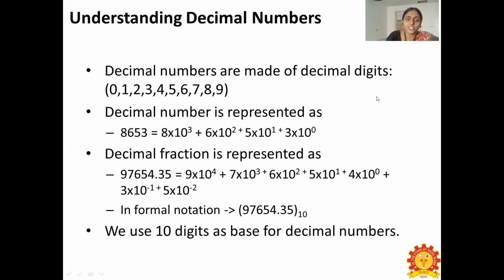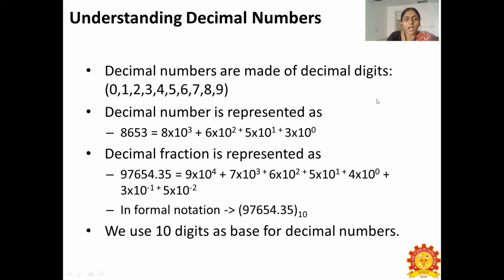So a decimal fraction is represented like this: before the decimal point, it can be represented with positive power, and after the decimal point it can be represented with negative power. So here, 97,654.35. Before the decimal point, it can be represented as 9 into 10 power 4 plus 7 into 10 power 3 plus 6 into 10 power 2 plus 5 into 10 power 1 plus 4 into 10 power 0.